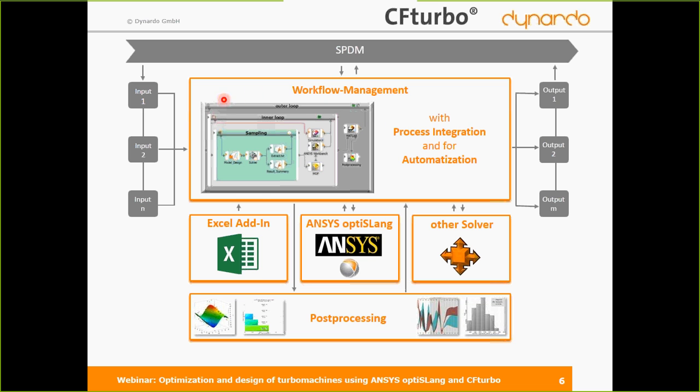Here you can see a preview of the optiSLang graphical user interface, where we have different nodes, like text input node, solver node, or text output node, or a workbench node. And with the help of these nodes, you can directly connect to your solver and automate the process you have at the moment. And optiSLang can connect basically to every CAE-based solver, like ANSYS, Excel, CFturbo, and so on.